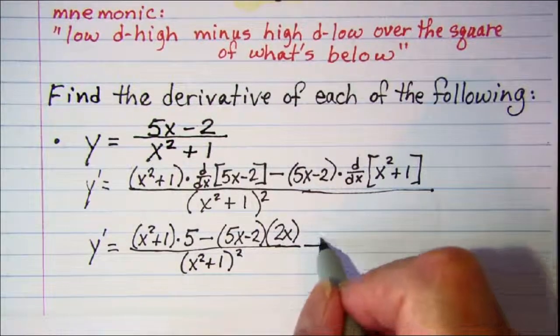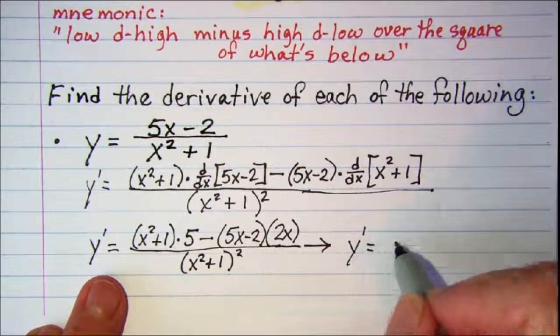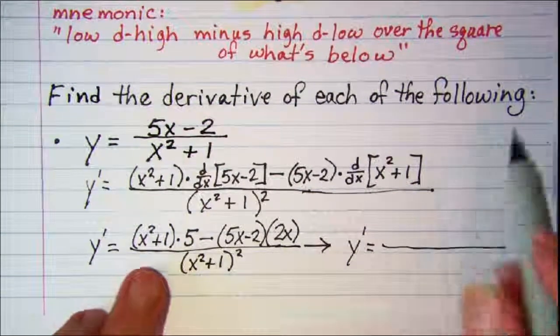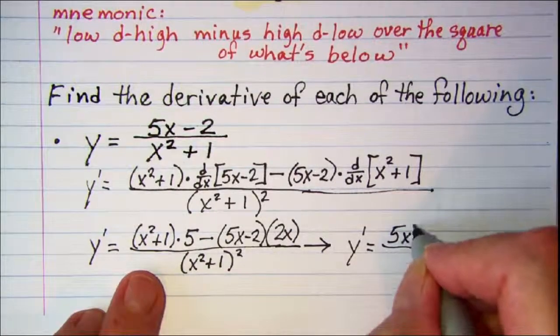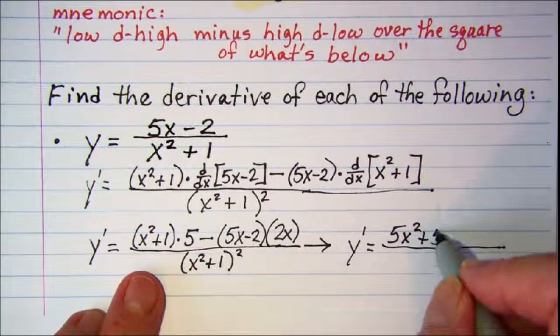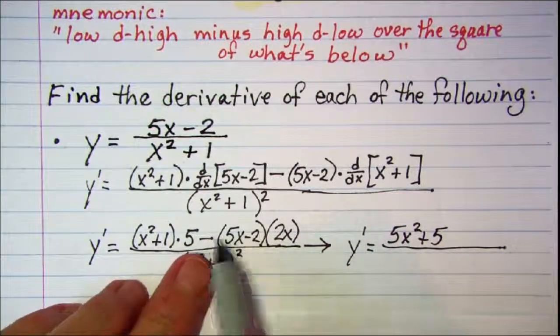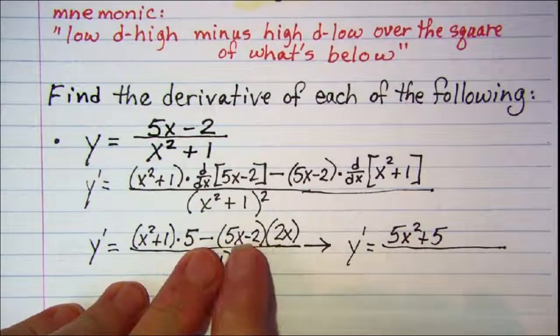So let's distribute. Y prime is equal to 5x squared plus 5, and then I'm going to distribute a negative 2x through this binomial.